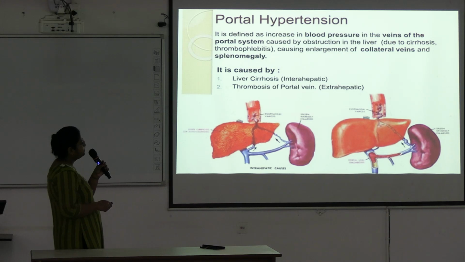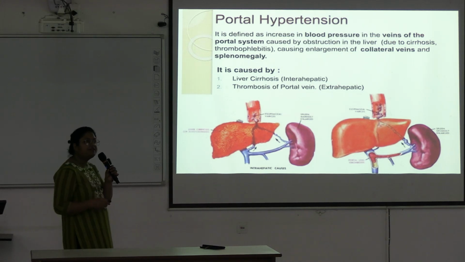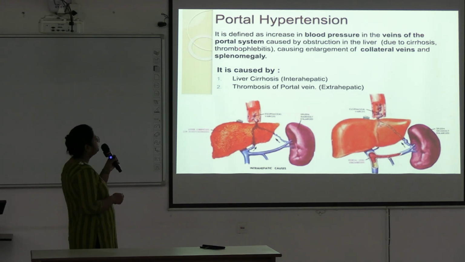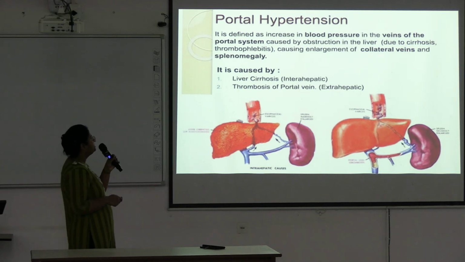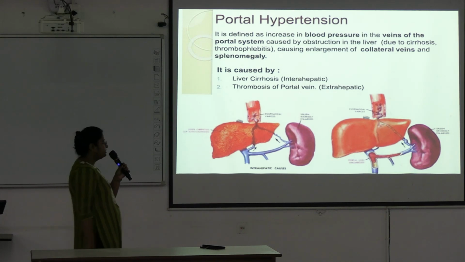Cirrhosis means there are changes in the hepatic parenchyma, and thrombophlebitis means there is clot formation within the veins, causing enlargement of the collateral veins, and there will be splenomegaly. So these are the two main causes. The intrahepatic cause is liver cirrhosis, the extrahepatic cause is thrombosis of the portal vein. These are the two main causes of portal hypertension. Next.